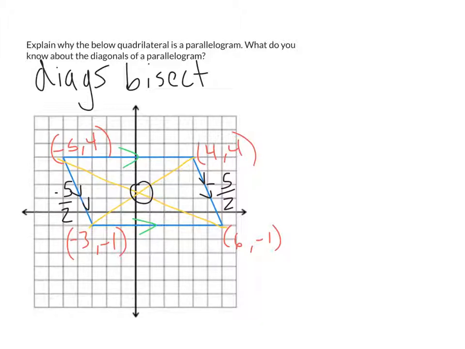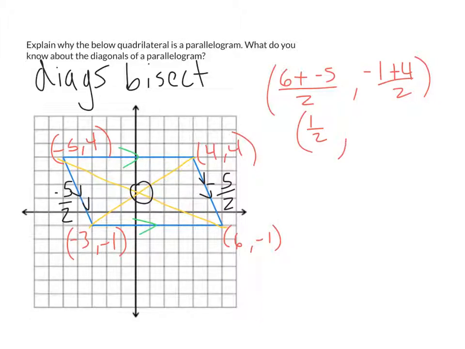So my midpoint would be, our x's, 6 and -5. 6 plus -5 over 2, comma, and then -1 plus 4 over 2. What do I get? I get 1/2, comma, 3/2. I'll just leave it like that.